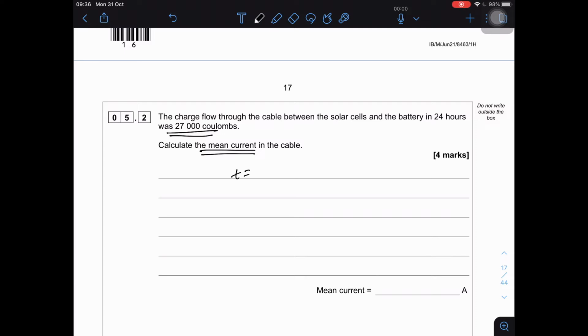Here, what is the time? You need to convert 24 hours into seconds first. So 24 hours times 60 will convert into minutes, times 60 will convert into seconds, which should give you 86,400 seconds.